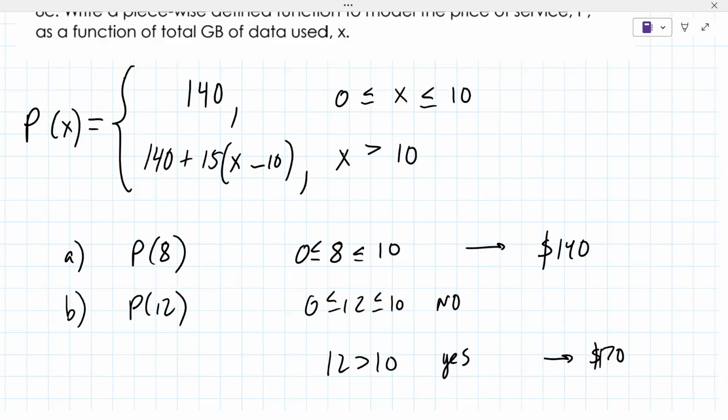Anyways, it should be the same. All right, so that's how you would do this type of word problem.